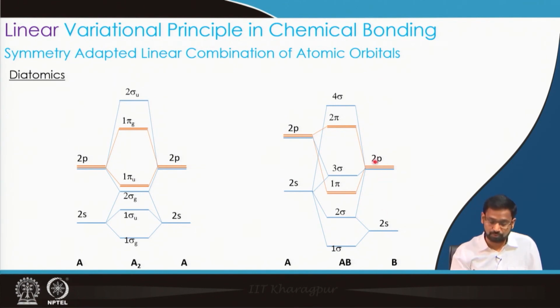That I consider 4 states, 2s and 2pz of each atom A and B. So, I solve this linear variational problem, a 4 by 4 problem for the sigma states, and I again take the 2px, 2py orbitals of A and the 2px, 2py orbitals of B, and then solve the pi side of the problem, and then finally I obtain a set of molecular orbitals, and I see that the sigma orbitals are contributed only by the sigma atomic orbitals, and the pi molecular orbitals are contributed only by the pi atomic orbitals.